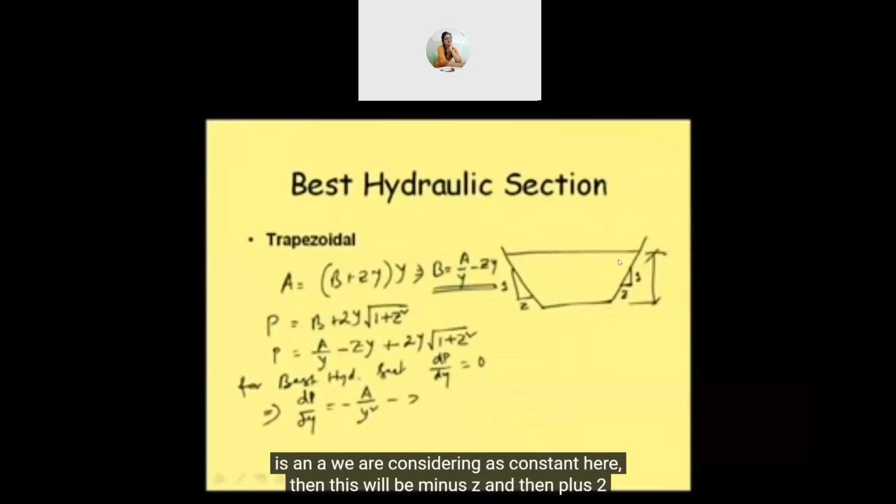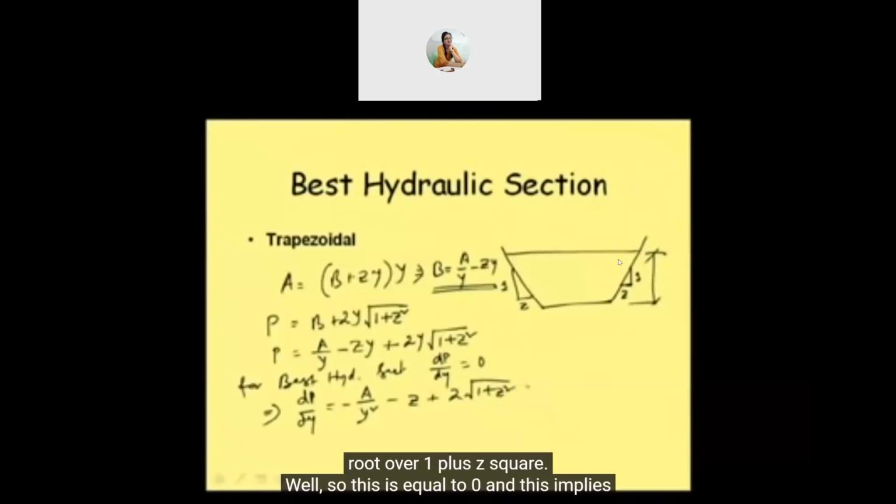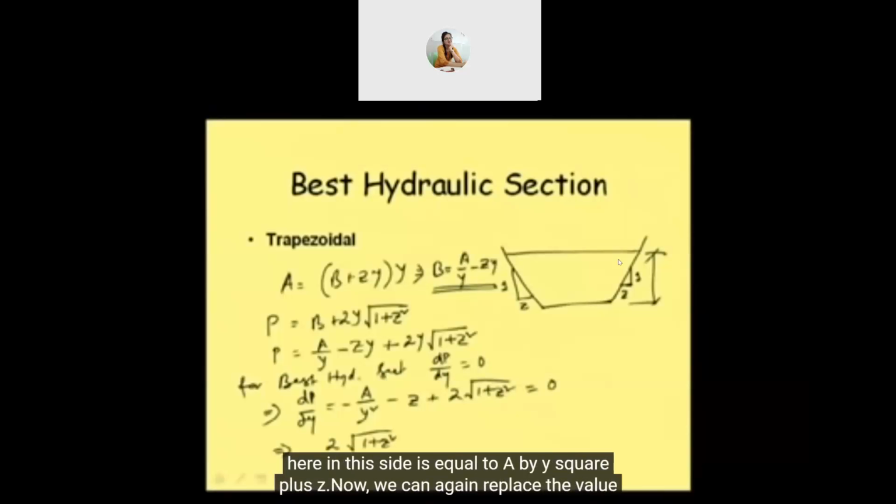Then this will be minus Z, and then plus 2 root over 1 plus Z squared. So this is equal to 0, and this implies that twice root over 1 plus Z squared, that expression I am writing on this side with an intention, is equal to A by Y squared plus Z.